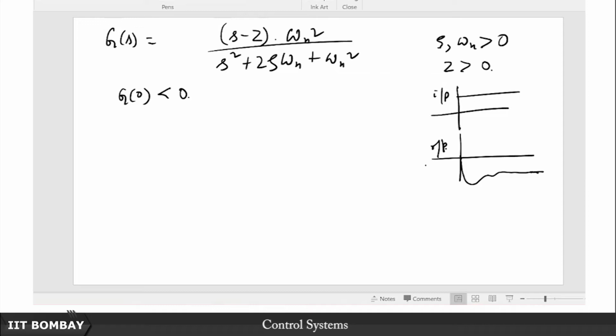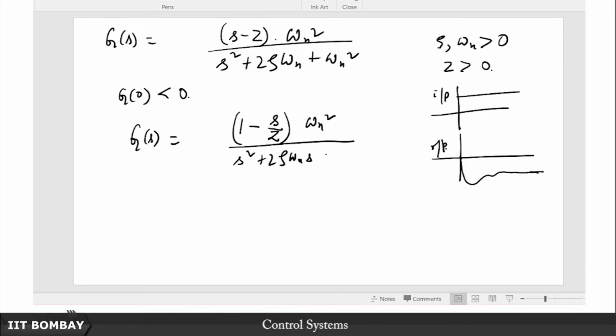So that is why, when you encounter systems such as this, the conventional way to write this system is to pose it in this fashion, so that it is (1 minus s by z) times omega n squared upon s squared plus 2 zeta omega n s plus omega n squared.